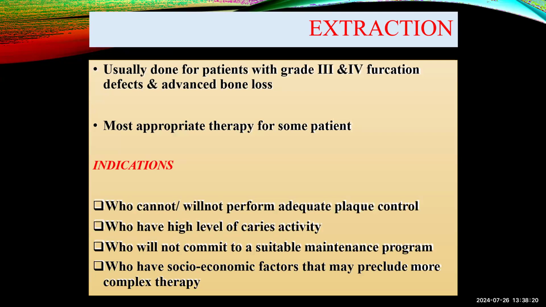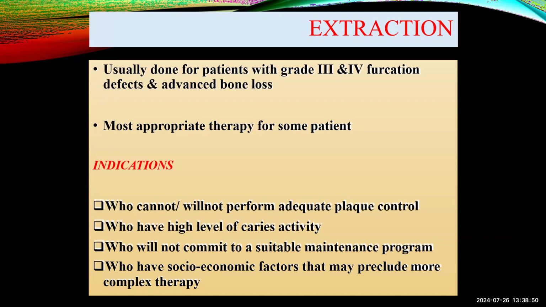The last part is when none of these things work, we have no other choice but to go for extraction. This is in patients with grade 3 and 4 furcation defects and advanced bone loss. As I said, we cannot perform plaque control, there is a high level of disease activity, a maintenance program cannot be performed, and there are socioeconomic factors that may preclude more complex therapy.